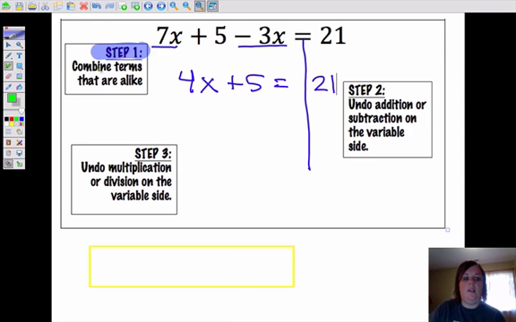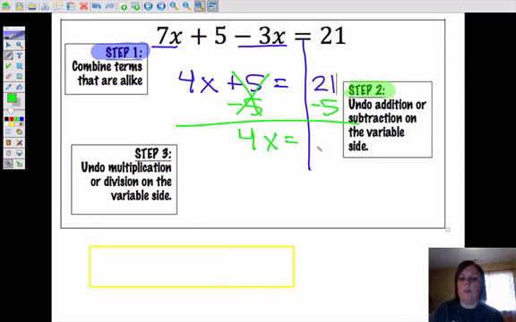And then for step 2, again, I undo the addition or subtraction on the variable side. So I have a plus 5 that I need to undo, so the opposite of that is minus 5. And then the plus 5 and the minus 5 cancel out, and I'm left with 4x is equal to 21 minus 5, which gives me 16.